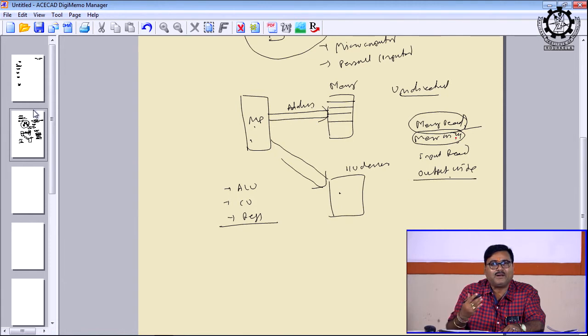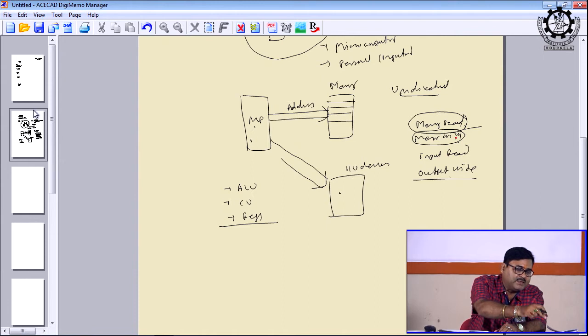If I am reading data from an input device, or we can say in this way, whenever data is given from the keyboard to the microprocessor, we say that we are giving the data to the microprocessor, but understand it differently: the microprocessor is reading the data from the input device.